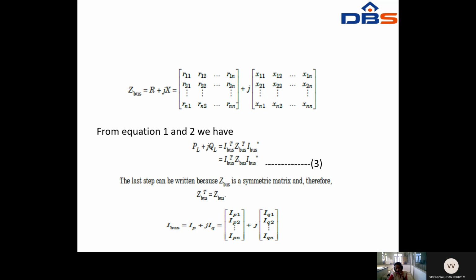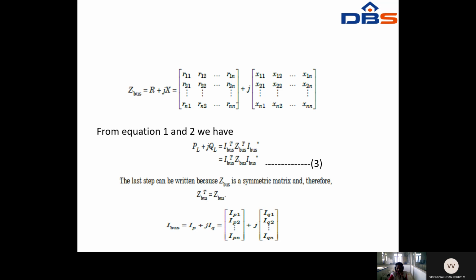R means we are writing an R matrix here: R11, R12 and so on to R1n, R21, R22 and so on to R2n, going on to Rn1 and so on to Rnn. Up to the nth bus we are writing this matrix for resistance, and similarly a matrix for reactance: x11, x12 and so on to x1n. So for n buses we are writing the impedance matrix.